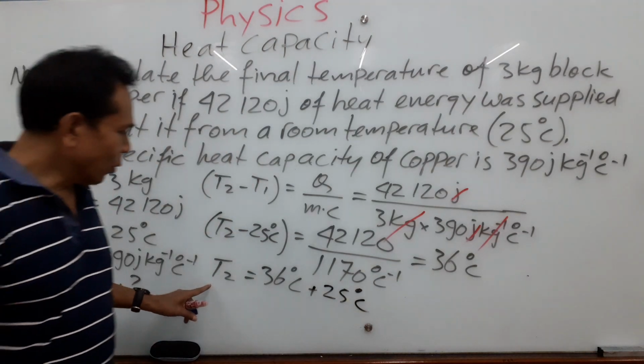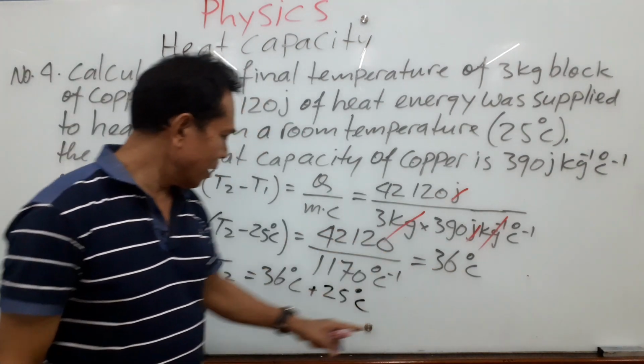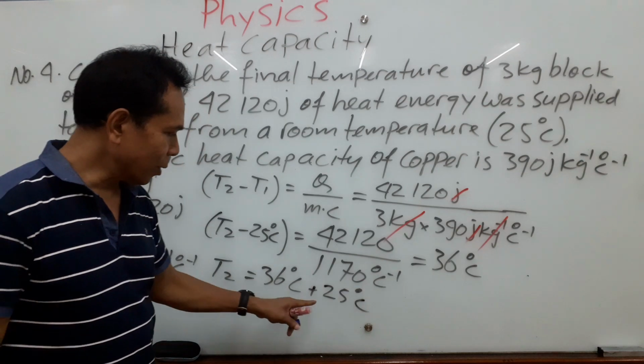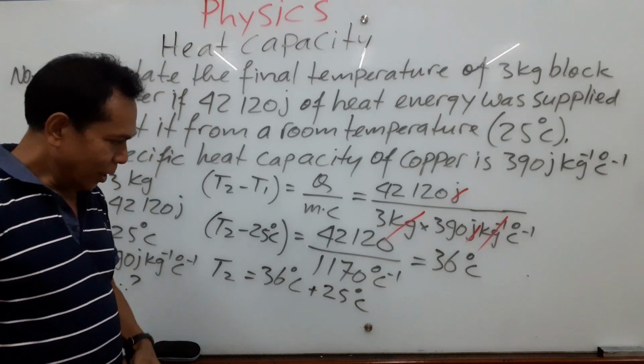So T2 equals 36 degrees Celsius plus 25 degrees Celsius.